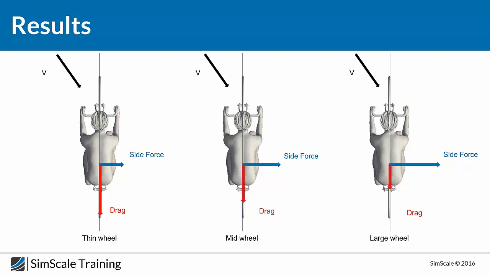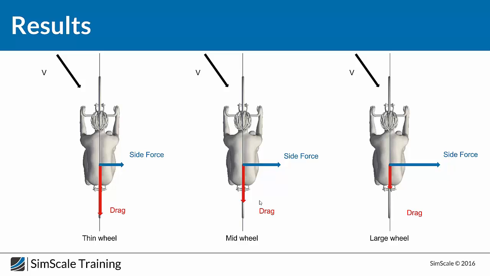Okay, so here we have this conclusion. From the left side we have the thin tire, in the middle the medium wheel, and on the right side the large wheel. If you are using a thin wheel, expect high drag with low side force. For a medium-sized wheel, you will expect a balance between the drag and the side force.